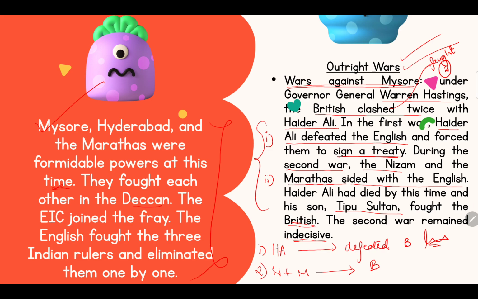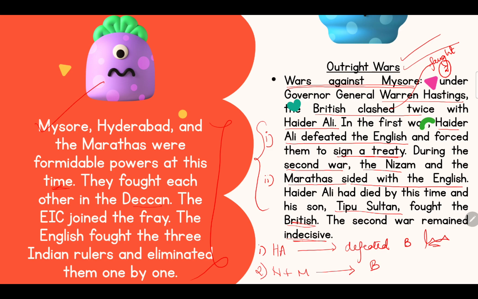Hyder Ali defeated the English and they signed a treaty. And during the second outright war, Nizam and Marathas sided with the English, and Hyder Ali was dead by this time. But his son, Tipu Sultan, fought the war.